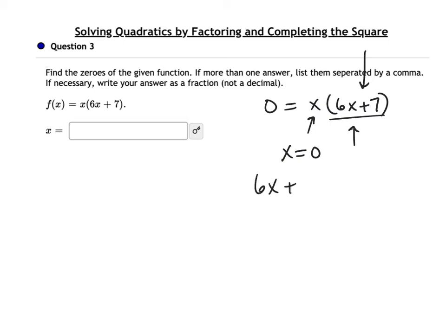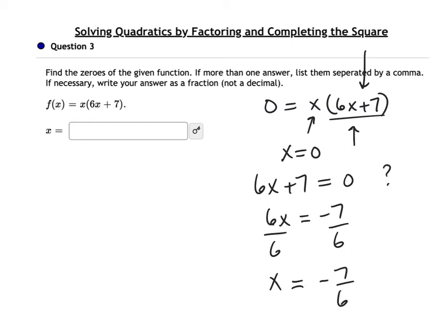What value makes 6x plus 7 0? That's what we're trying to discover. Move the 7 to the other side, subtract it. 6x equals -7, and divide by 6. And you get x equals -7/6. You're not supposed to have decimals. That would be 0 and -7/6 for your answers.